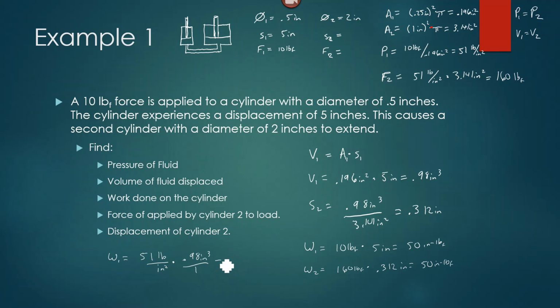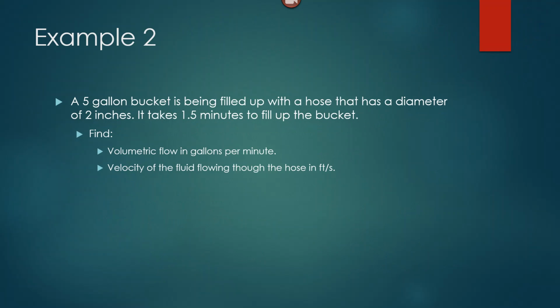And we end up with 50 inch-pounds again. And the pressure and volume on both sides is actually equal because of this right here. So pressure at 1 is equal to pressure at 2, and volume that's displaced at 1 is equal to the volume displaced at 2.